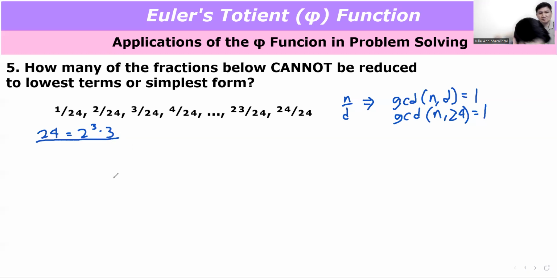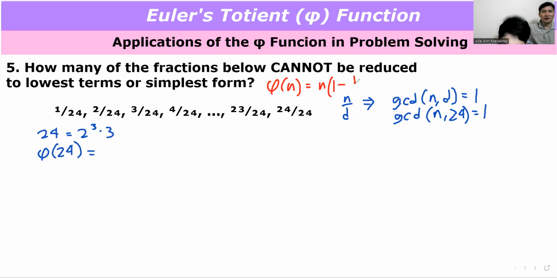Okay, so phi of 24, the totient function of 24, using one of the formulas that we have discussed in our video on the lecture about the Euler's quotient function, until of course 1 minus 1 over p for the final prime. So here we will apply that.